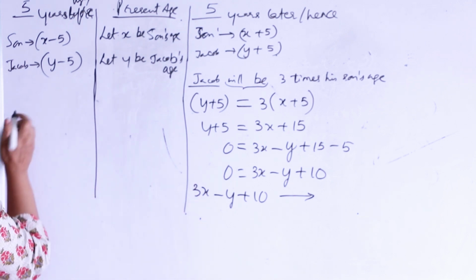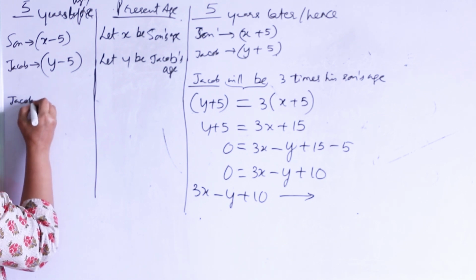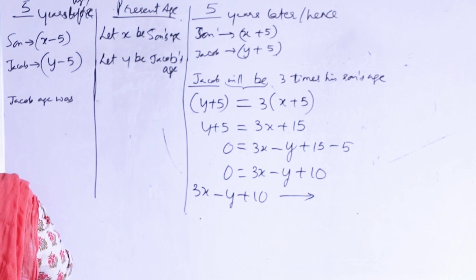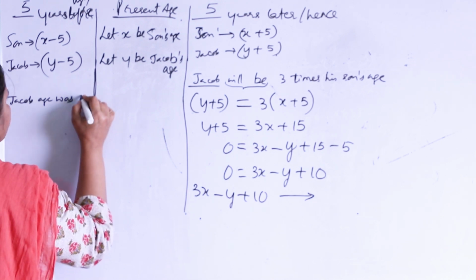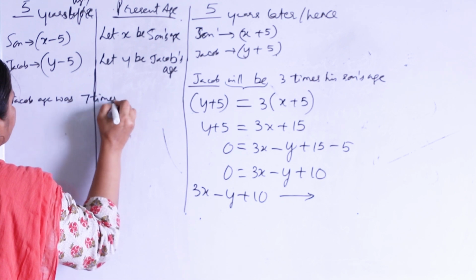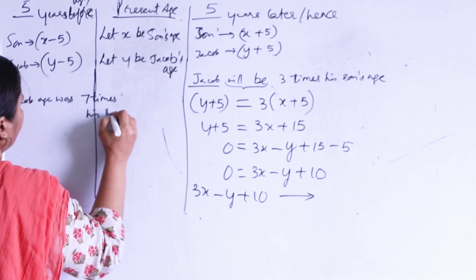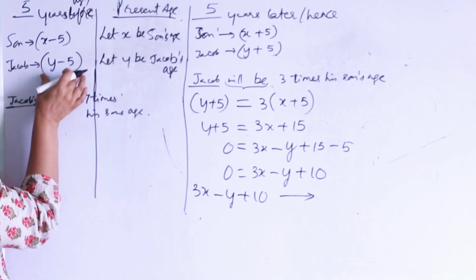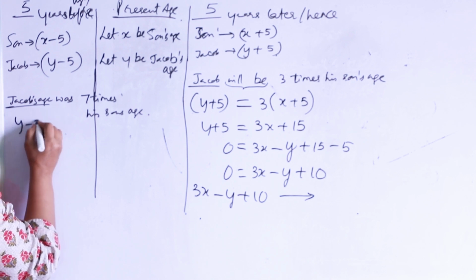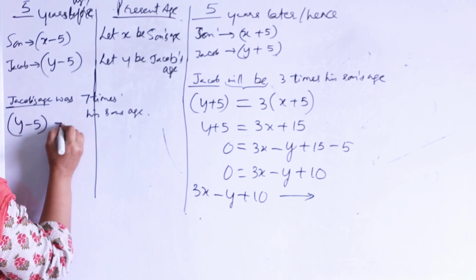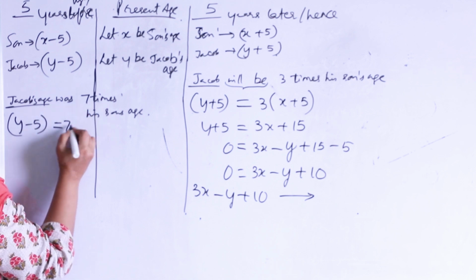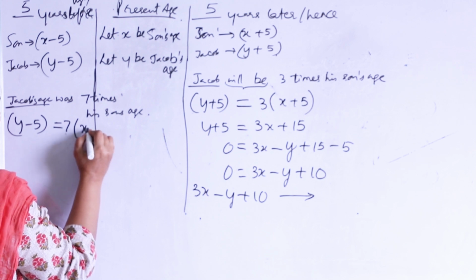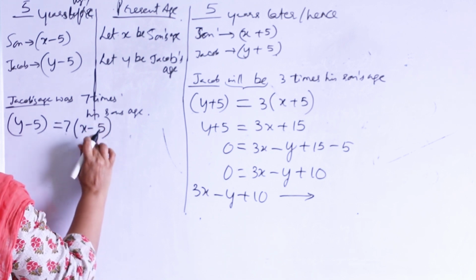Jacob's age was, what has been given? 7 times his son's age. So how do we write? Jacob's age, what is Jacob's age? This side, y minus 5. Was means equal sign. 7 times son's age, x minus 5.